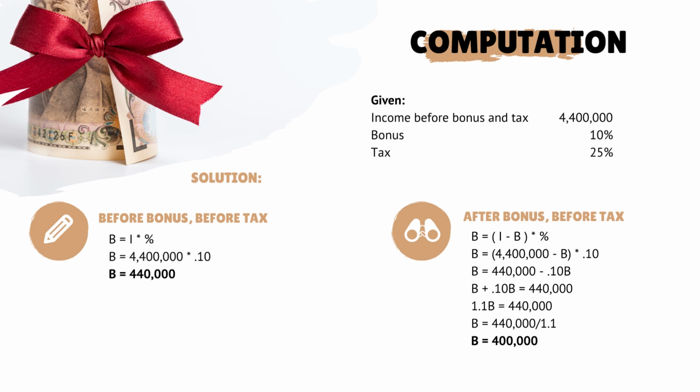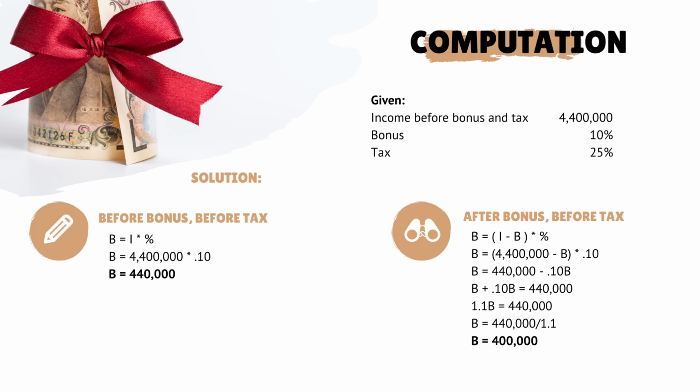Okay? So going back to the equation, we just find B. What we did here is multiply one by one. So 4,400,000 times 10%. Multiply the 10% here and also multiply it to the one in the parenthesis. So 10% of 4,400,000 is 440,000, and then minus 0.10B. Next, pair them up. All terms with letters go on the left side, all numbers on the right side.